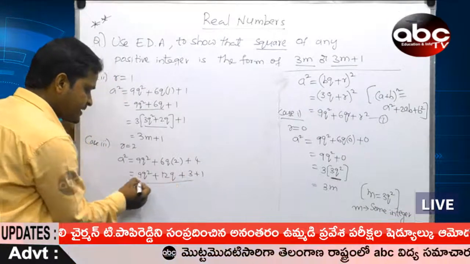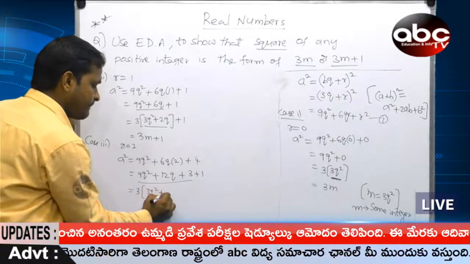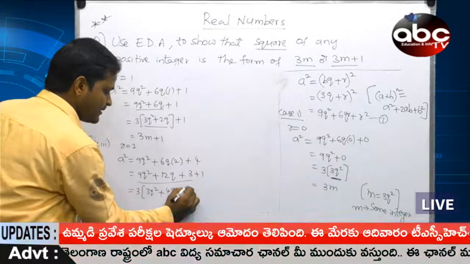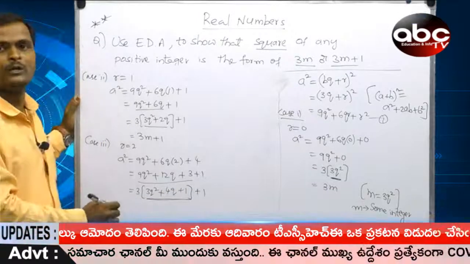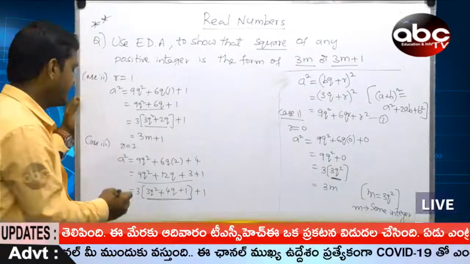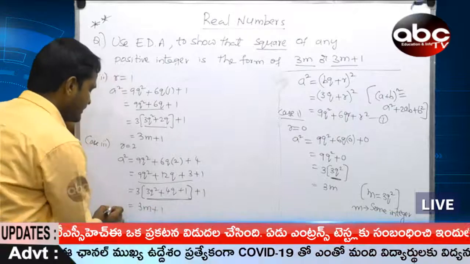From these first three terms, common 3, then 3q square plus 4q plus 1, plus 1. From here you can take variable, that is m. m is some integer. Therefore 3m plus 1.